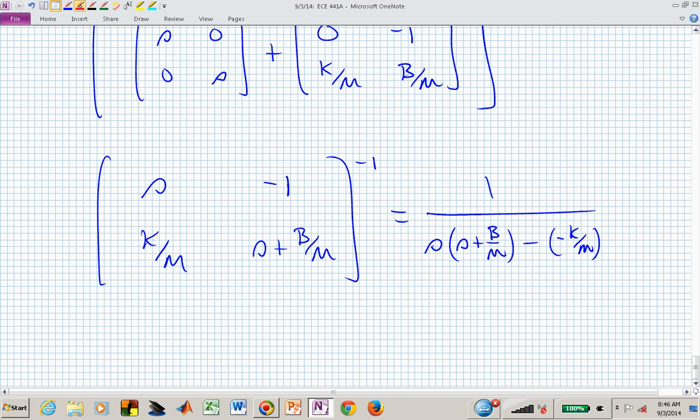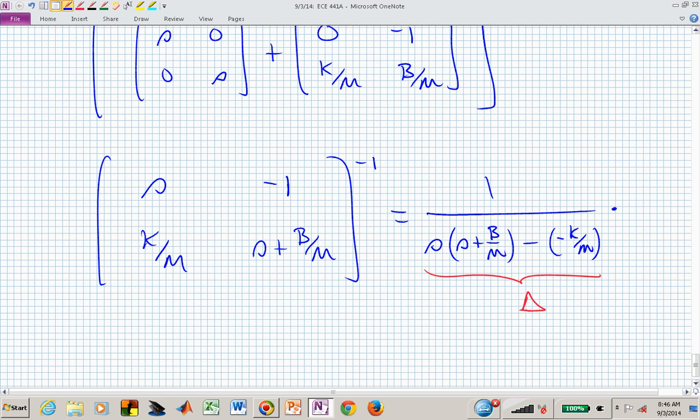I'm going to probably refer to this as delta, the determinant. And that's just a polynomial in s. It should be a quadratic. It should be second order because we had a second order system. And you can see that we will obtain an s squared.